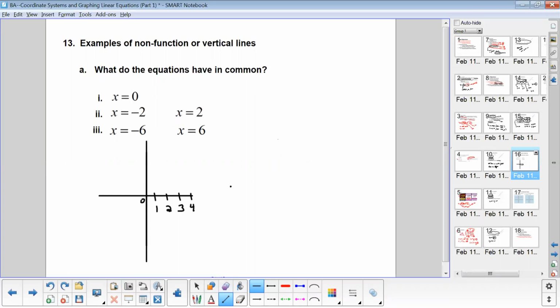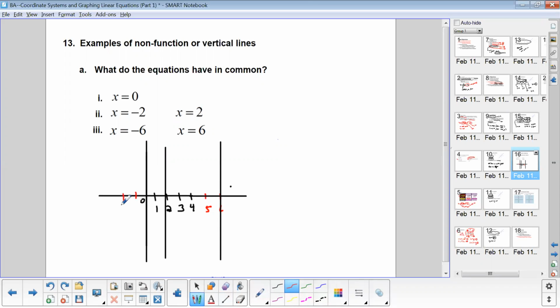If I have x equal 2, then I would have a vertical line that crosses through 2. If I had x equals 6, I would have a vertical line crossing through 6. Same as on the other side. If I had -2, well, x equal -2 is just a vertical line that crosses through the x-axis at -2.